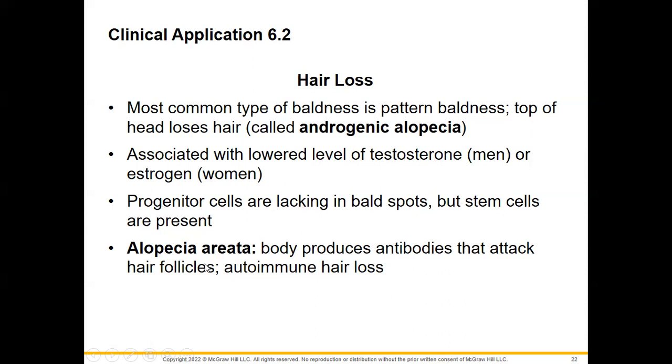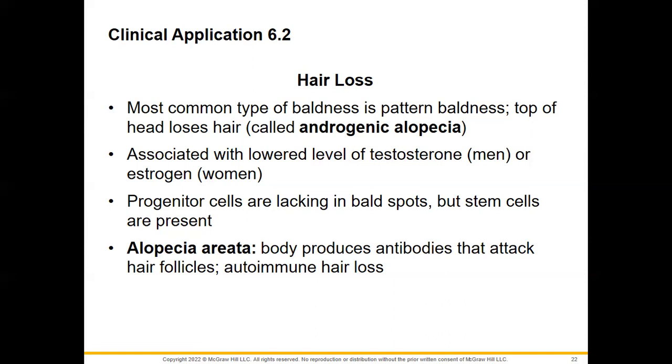Then there's another type of alopecia. Remember, alopecia refers to hair loss. Alopecia areata is different from androgenic alopecia. In alopecia areata, the body produces antibodies that attack the hair follicles. So this is an autoimmune disease.